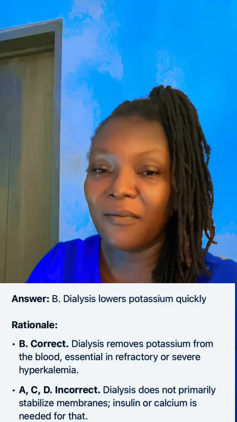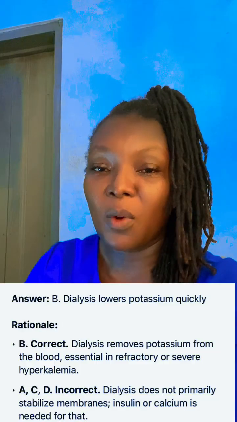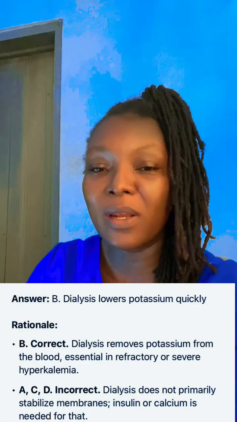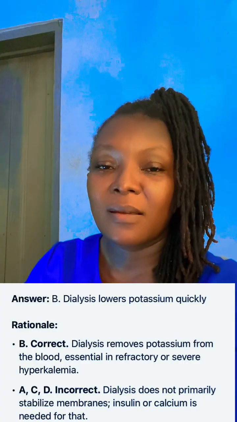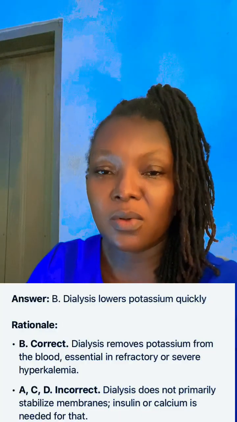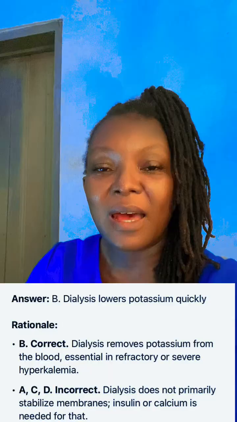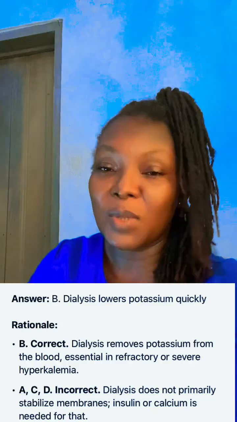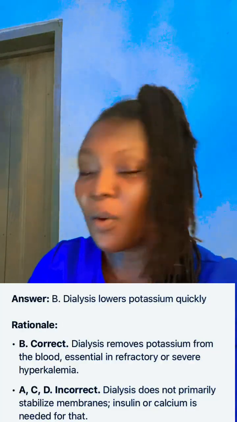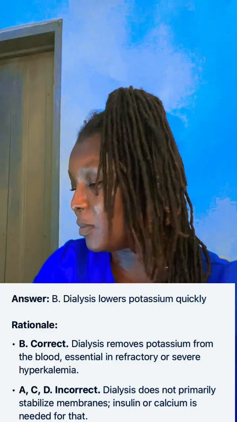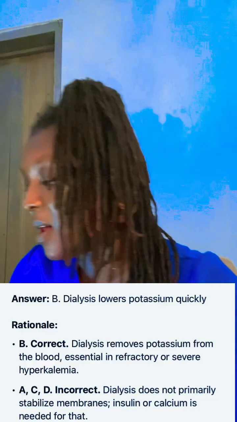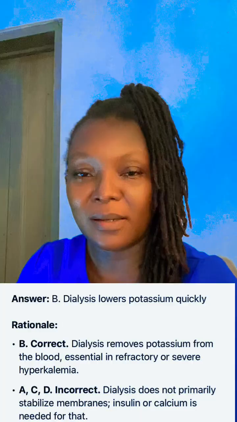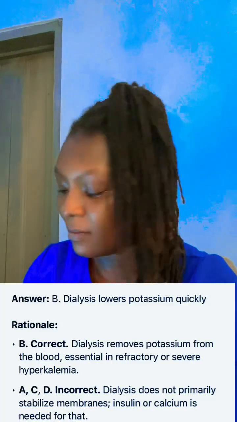Because it's that invasive, it comes with complications and side effects which you probably want to avoid, so you use it only when all other interventions are not working. So our correct answer here is B. It removes the potassium from the blood quickly, and it is essential in refractory or severe hyperkalemia. All other possible answers are not right.